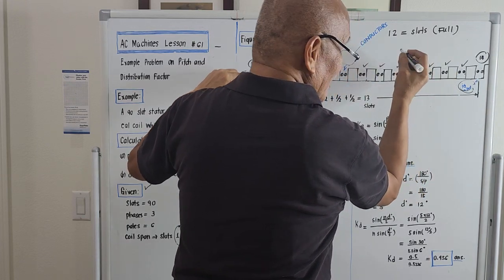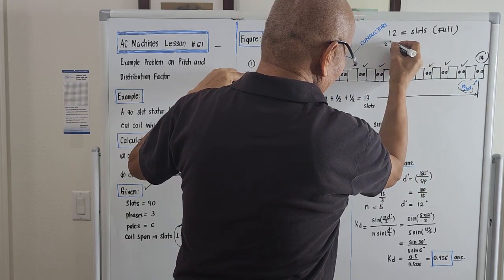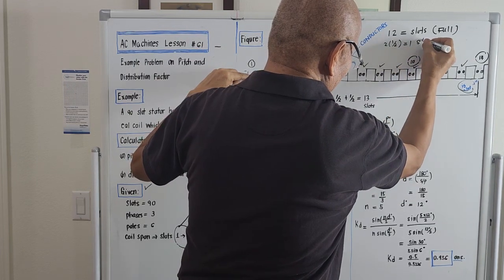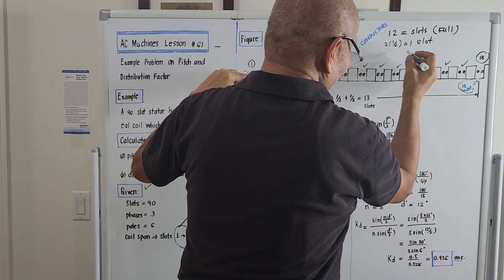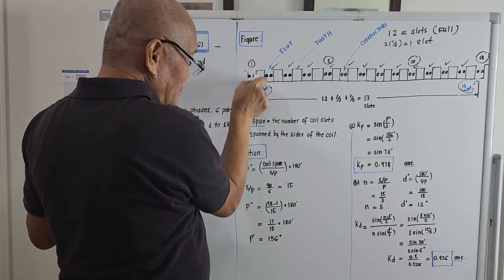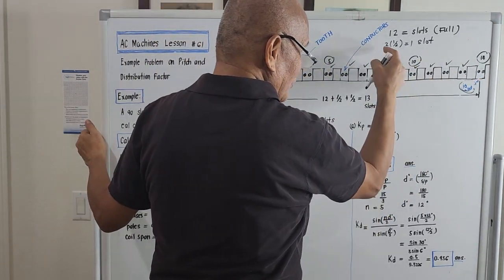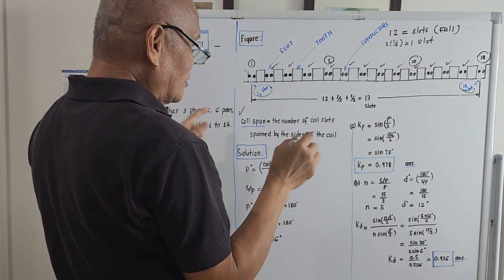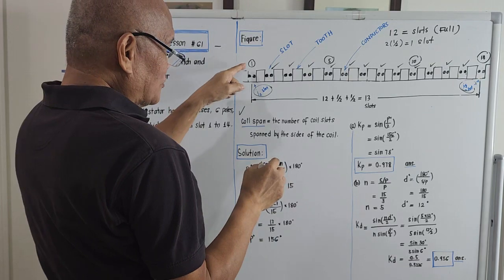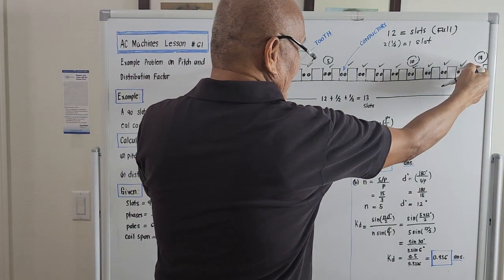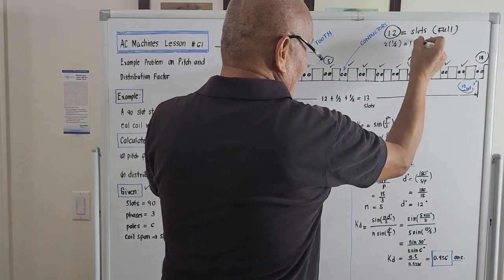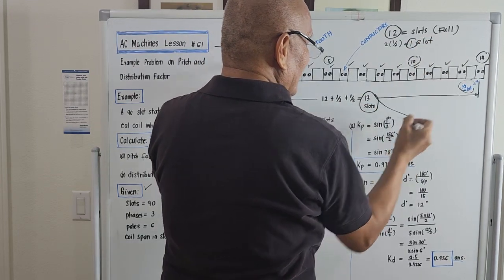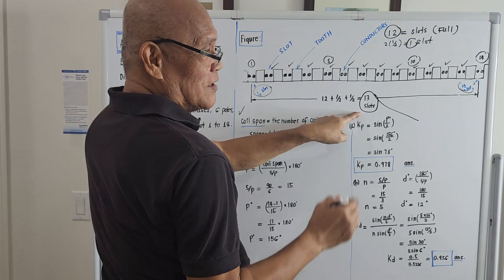So the not full slot is 2 times 1/2, which is equal to 1 slot. So the total number of slots between 1 and 14 should be 12 plus 1, which is equal to 13 slots.